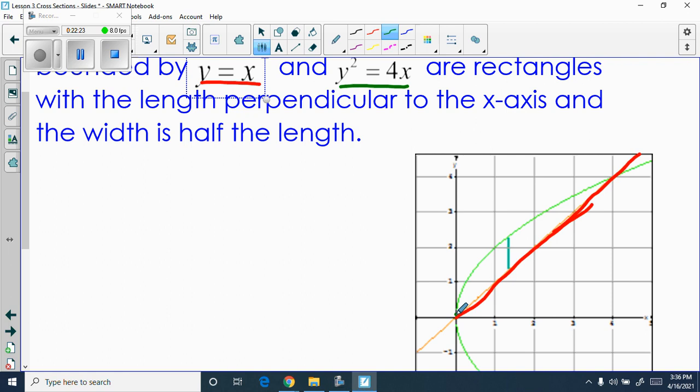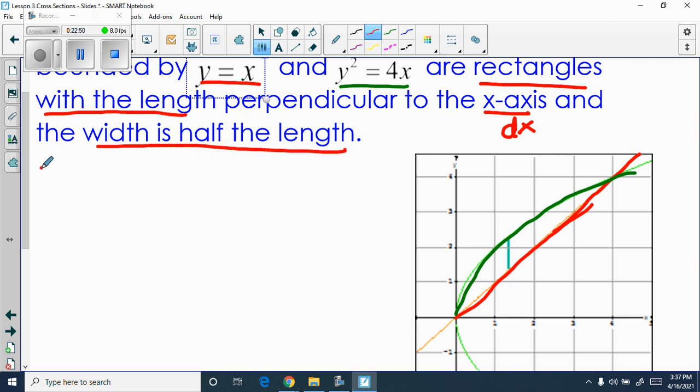It's this curve here. And we're doing rectangles with a length that is perpendicular to the x-axis. So dx, we're doing in terms of x. And then the width is half of the length.